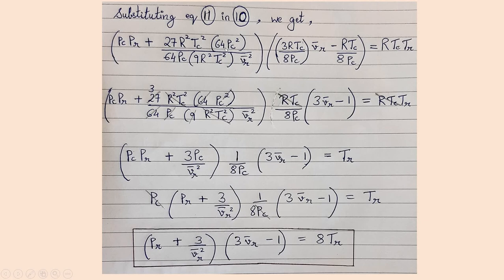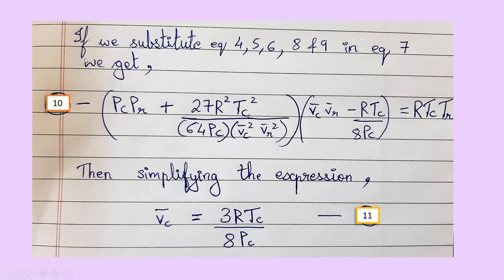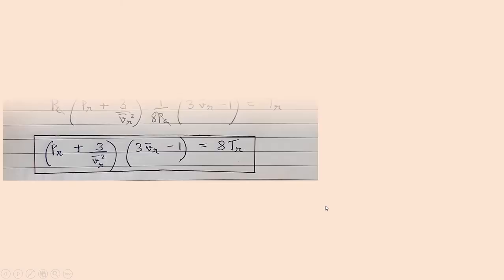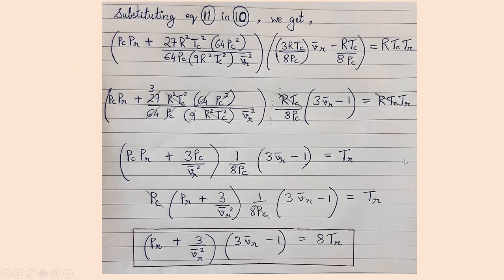Now, how do we get this 64 PC square? VC is in the denominator and it is raised to the power of 2, and the 8 in the denominator of VC goes to the numerator of the equation, so 8 into 8 is 64, and PC square. That is how I got it here.